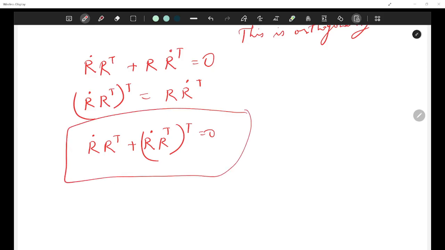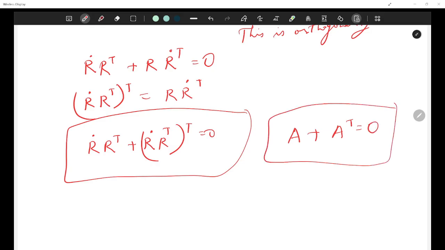Can we deduce anything from here? If a matrix is written such that A plus Aᵀ is equal to 0, what does this mean? No one knows the answer?